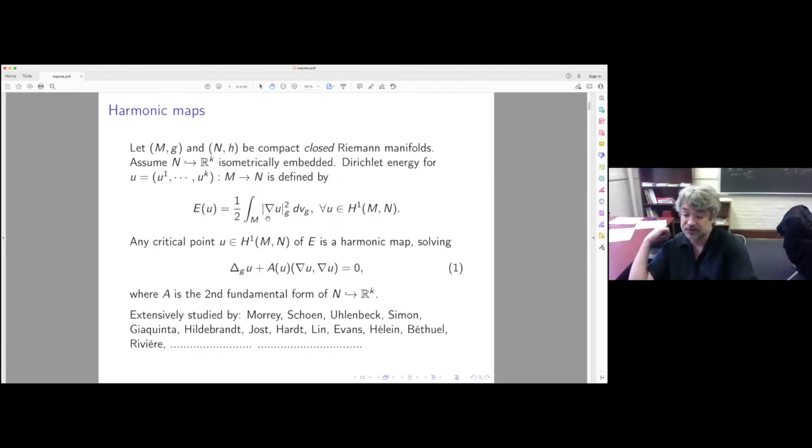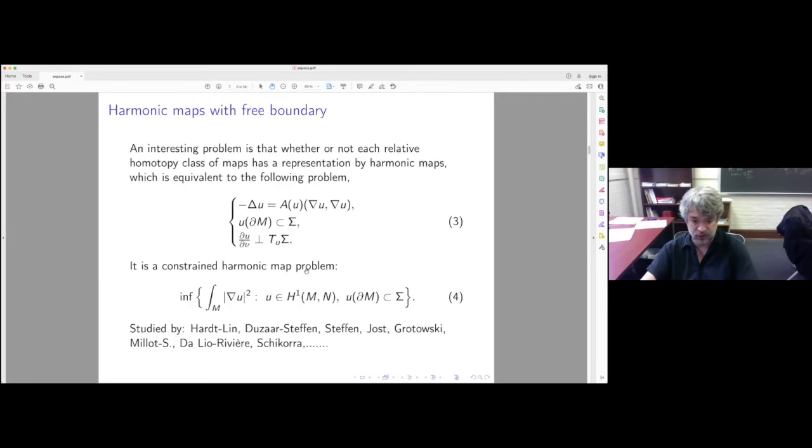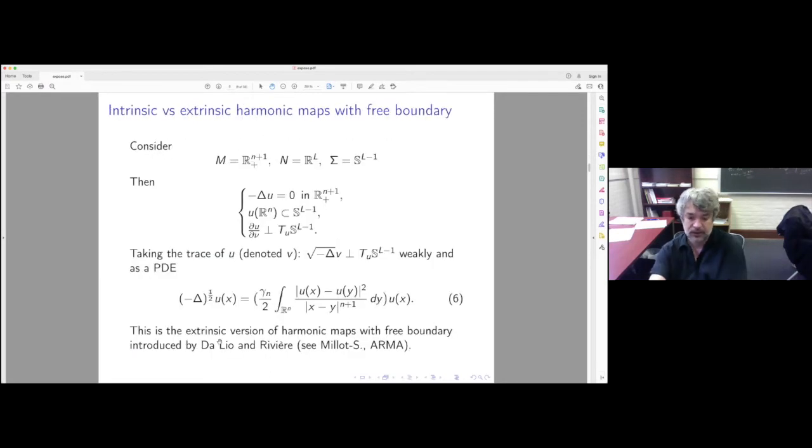In the sense that you have the same type of div-curl, or the same type of integrability by compensation, for an equation in 1 dimension or 3 dimensions or whatever, but at least in odd dimension. It was the original motivation of Da Lio and Rivière.